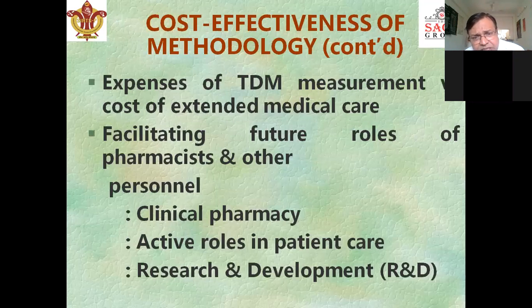We can compare this, and it facilitates the future roles of pharmacists and other personnel, like clinical pharmacy's active role in patient care; the research and development unit is also involved in TDM.